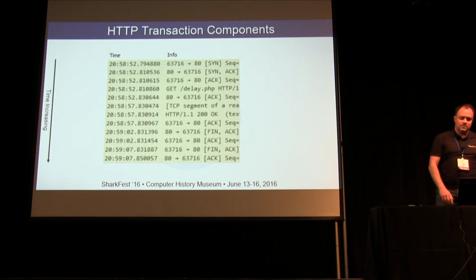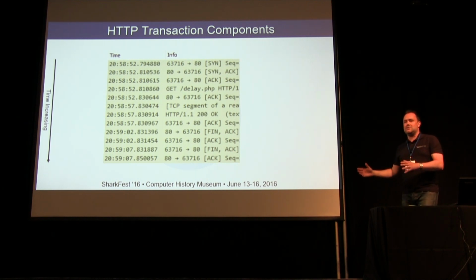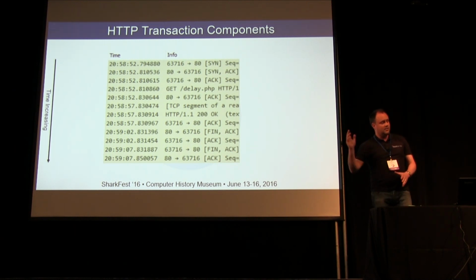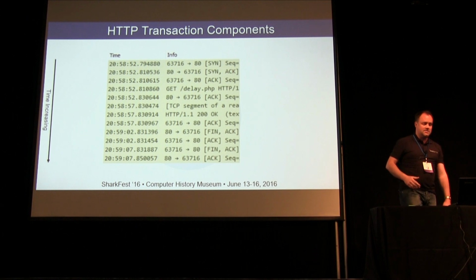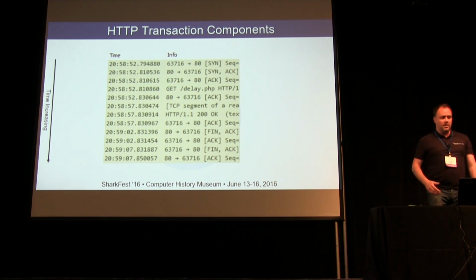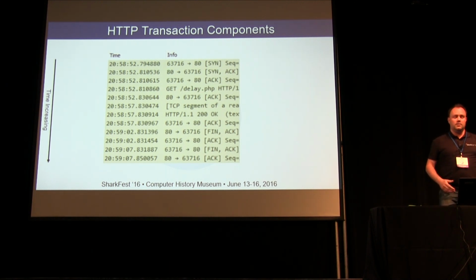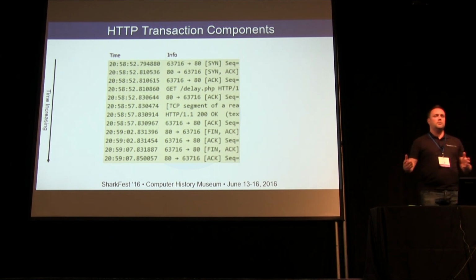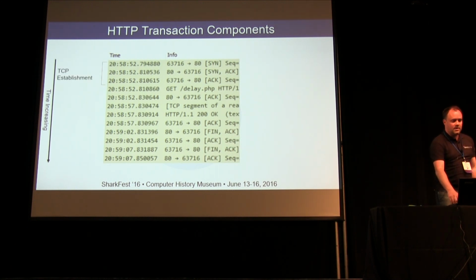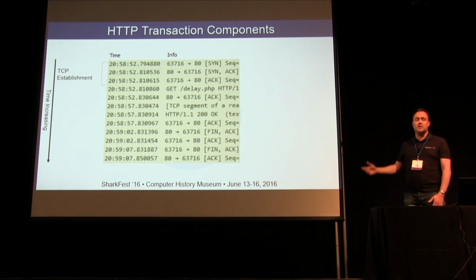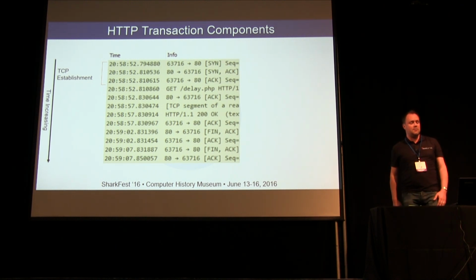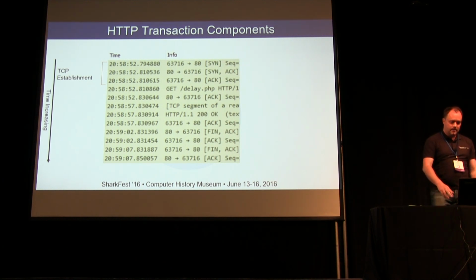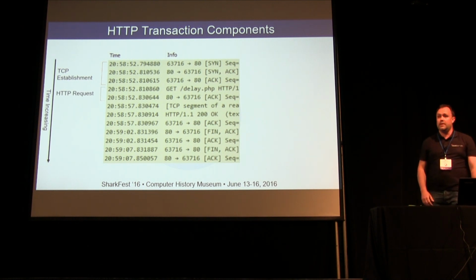If we think about the components of an HTTP transaction, and I'm more than certain you all know the basis of this, but if we think about identifying our markers on the network, we just need to know a little bit about how HTTP works. It's this concept of a request and a response. An HTTP transaction, very simply on the wire, can be broken down: the first few packets are the TCP session establishment, SYN, ACK, followed by our HTTP request.